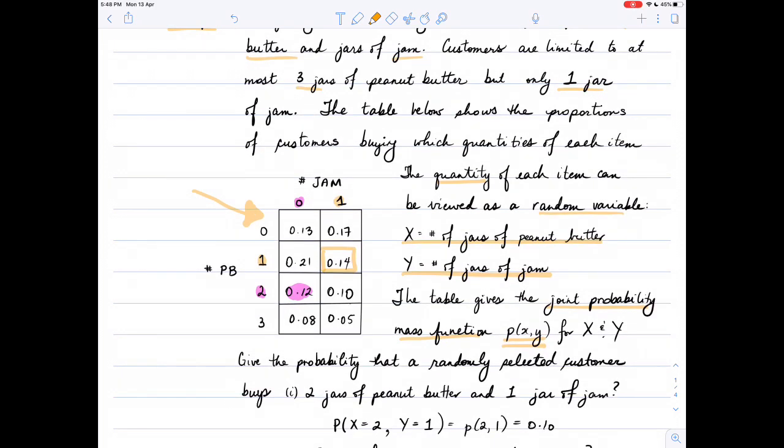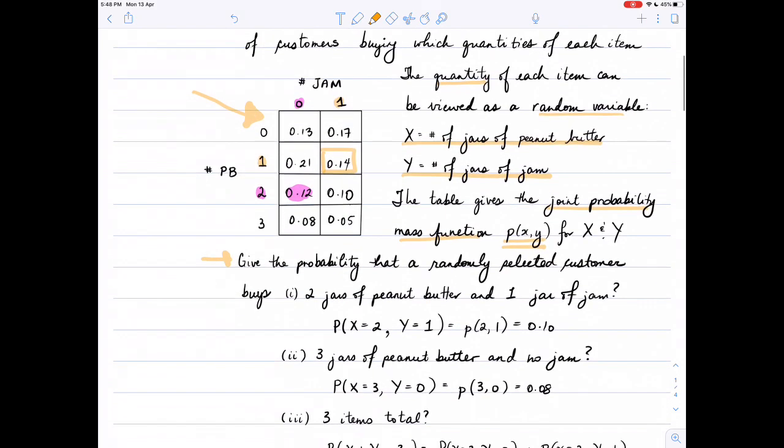So how can we use this? Let's go through a couple of simple questions. Give the probability that a randomly selected customer buys 2 jars of peanut butter and 1 jar of jam. That would be P(X = 2 and Y = 1).